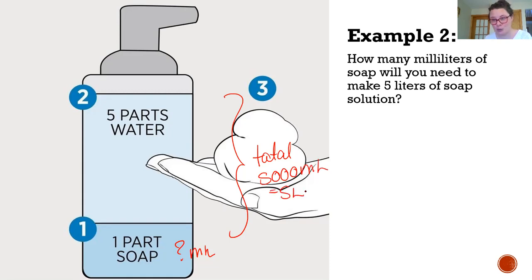I've switched to milliliters because I want to know milliliters at the end. So we'll take our liters: 5 liters equals 5,000 mils.